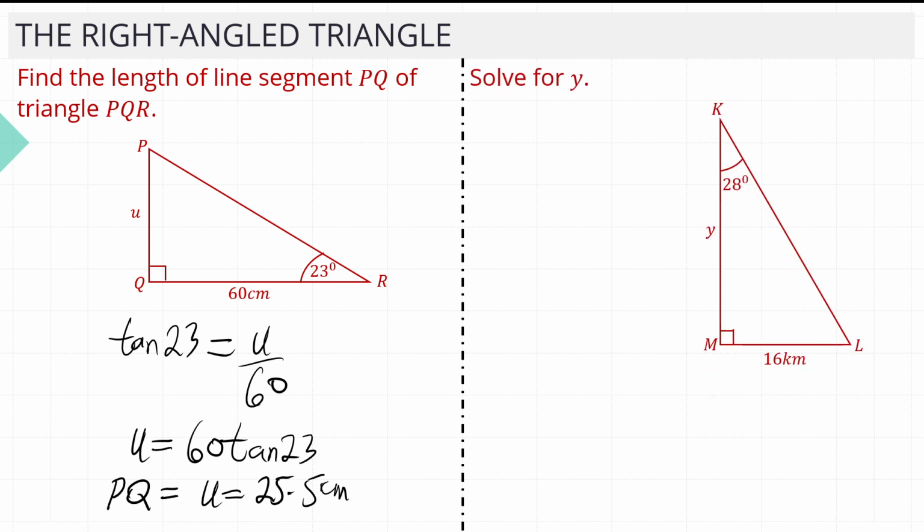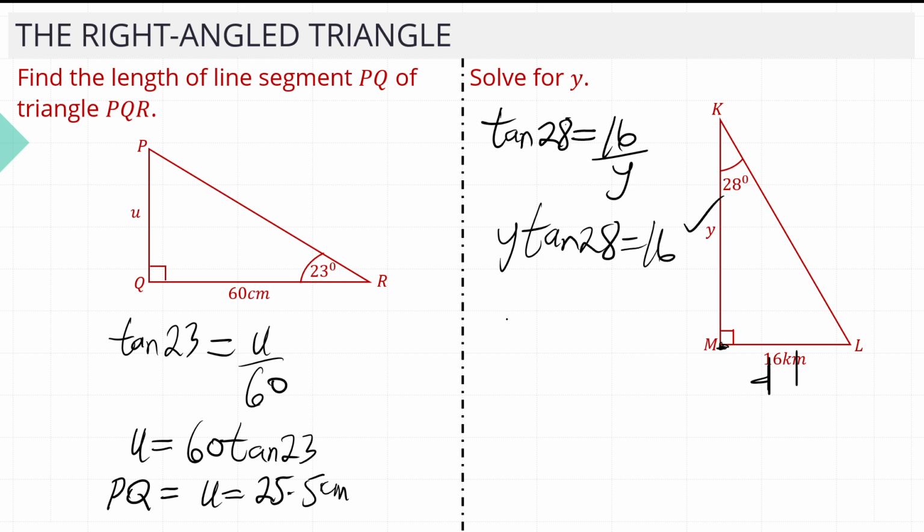Next question, we have to solve for y. Definition: tan the acute angle 28 equals the side opposite the acute angle 16 divided by the side adjacent the acute angle y. Remember that the two sides that meet at 90 degrees are the ones we are making use of. So cross multiplying, we get y tan 28 equals 16.